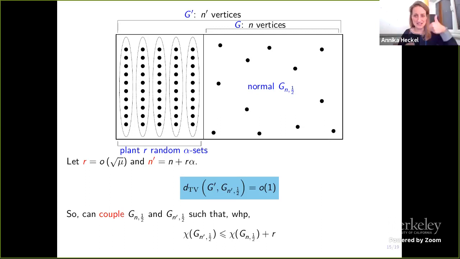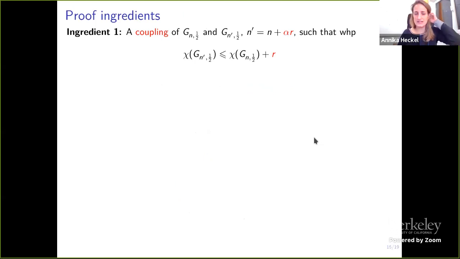Okay, so that's the first main component that we need for the proof. So that's the first ingredient. So we need a coupling of G_n and G_n', where n' is slightly larger, so that the chromatic number doesn't increase too much.